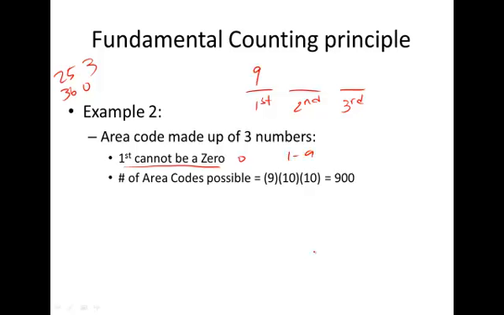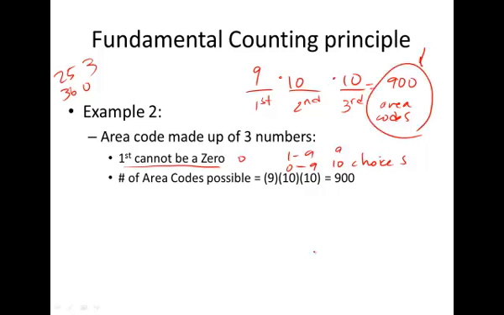So I have 9 choices for the first digit. But the second and third can be any digit I want. Remember, 0 through 9 includes the 0, so that means 10 choices here. So I have 10 choices for both the second and the third digit. So 900 area codes.